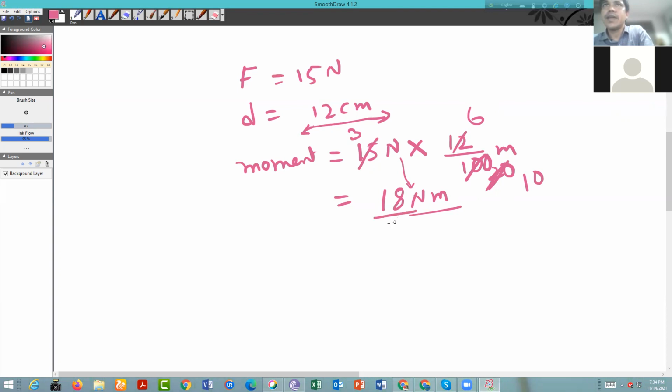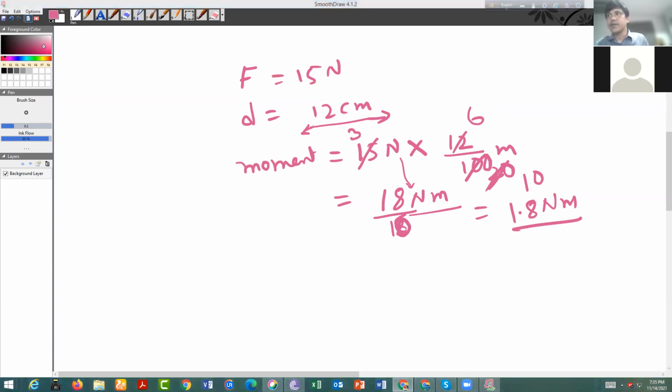So this will be 18 by 10. Can't they be further divided by 2? 18 Newton meter. Very good. So this way you will need to convert it. Okay, let's do another problem.